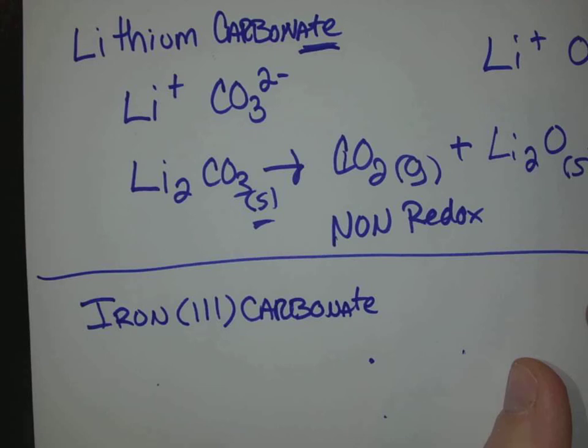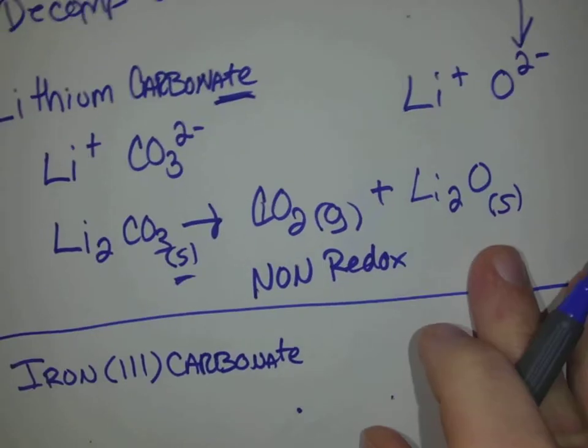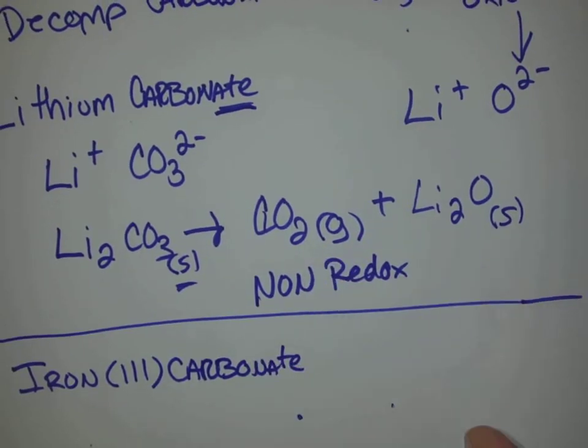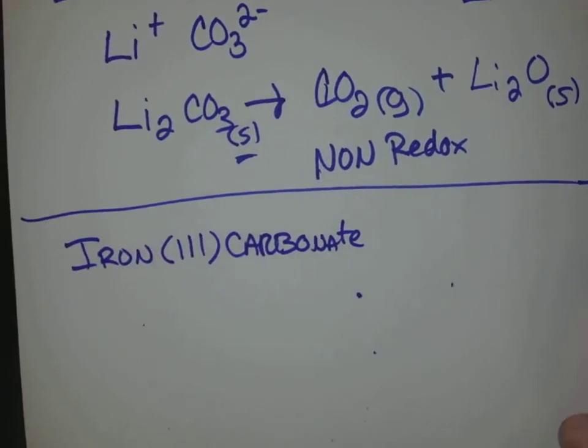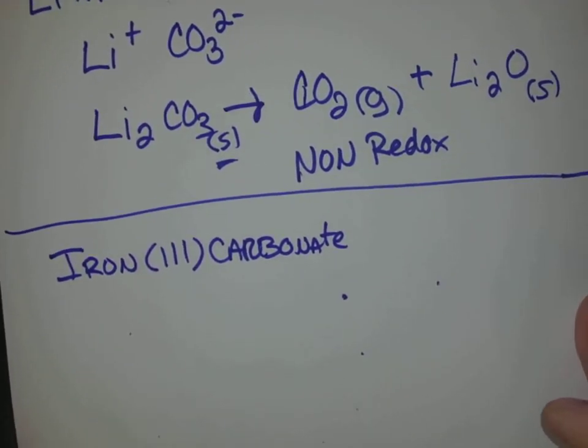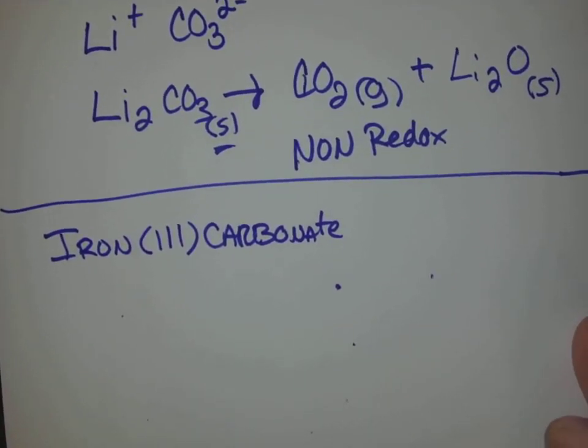Now again, carbonates decompose in a special way, as you see up here. You get CO2 and a metal oxide. So hit pause and try to predict this reaction, and we'll give you the answer when you get back. Welcome back.